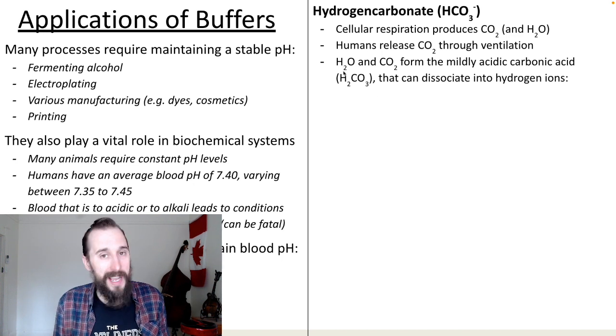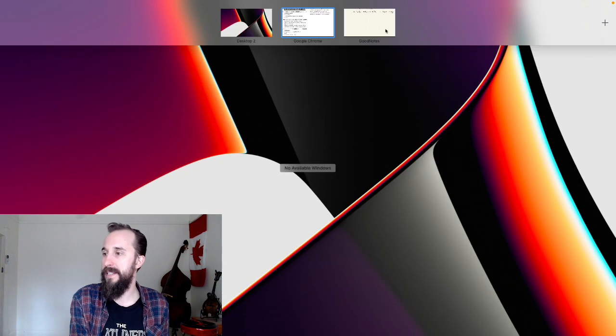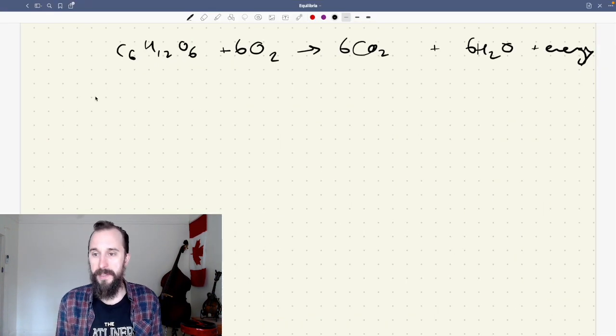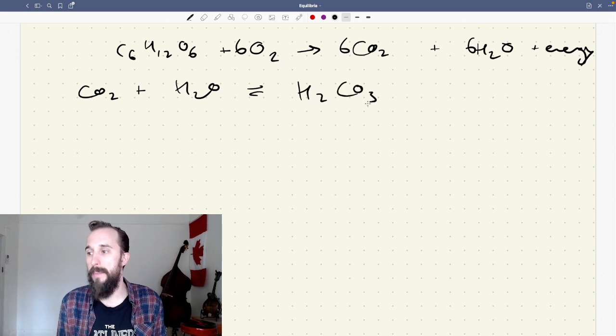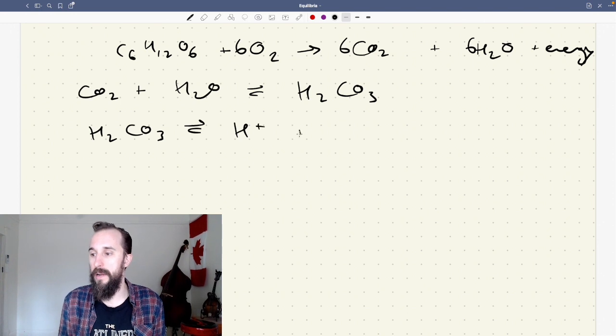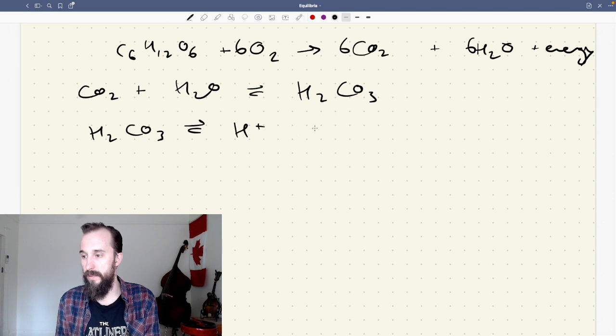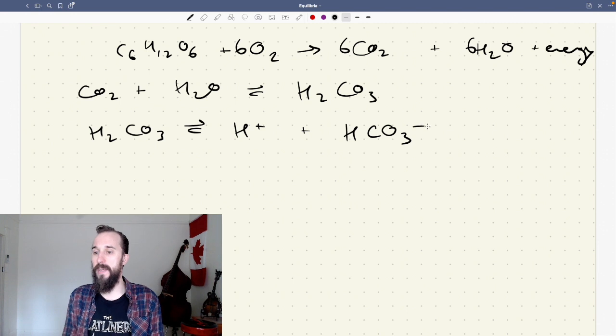But what can happen, or what does happen more, is H2O and CO2 form mildly acidic carbonic acid. So we have the CO2 and the H2O that can exist in an equilibrium with this carbonic acid. Now this carbonic acid itself is a weak acid, so it has an equilibrium with hydrogen ions and bicarbonate ions, hydrogen carbonate ions, because that's what we're looking at more accurately.